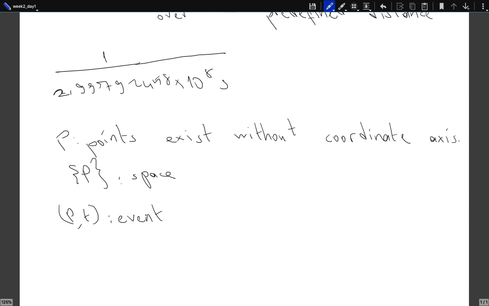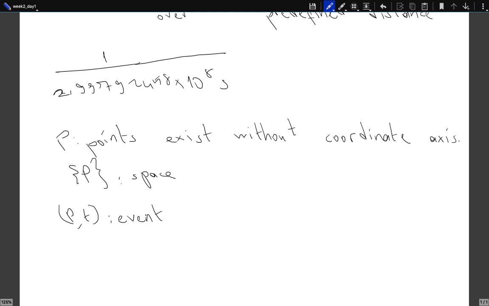And of course, just like if you want to talk about the x, y, z coordinates of a point P, we have to choose some coordinate axis, if I want to talk about the position and time of an event, first I have to choose a reference frame. A reference frame, in a sense, is a combination of these two. But these events exist whether I choose a reference frame or not. They exist independent of me choosing my reference frames.